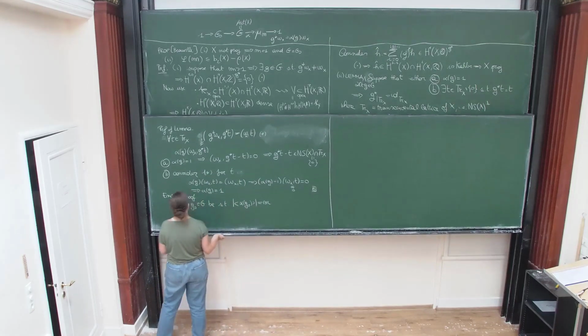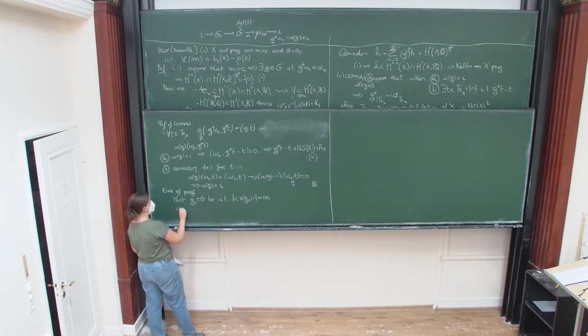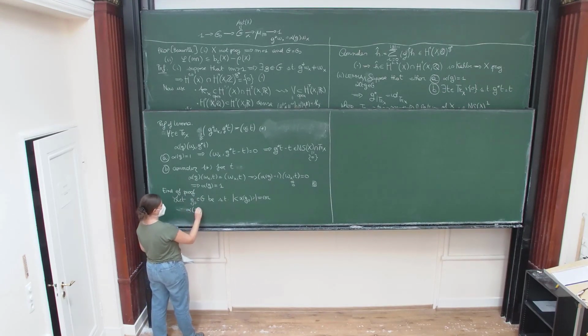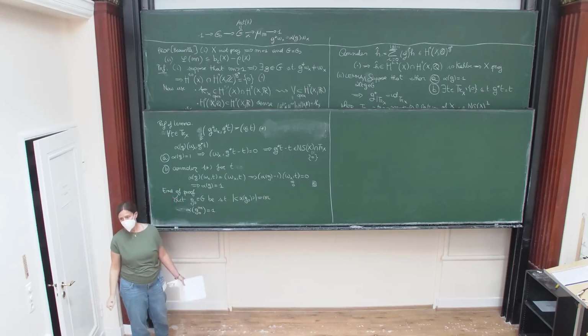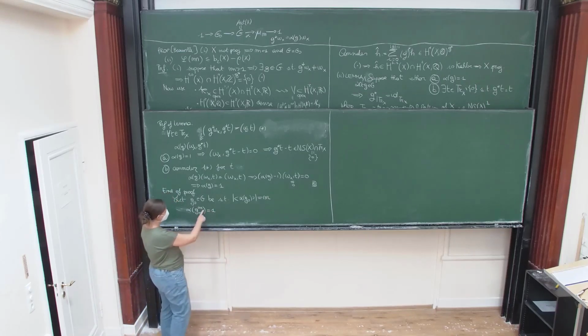Now, with the lemma's assumption, alpha of G0 to the power M is 1, simply by multiplicativity.